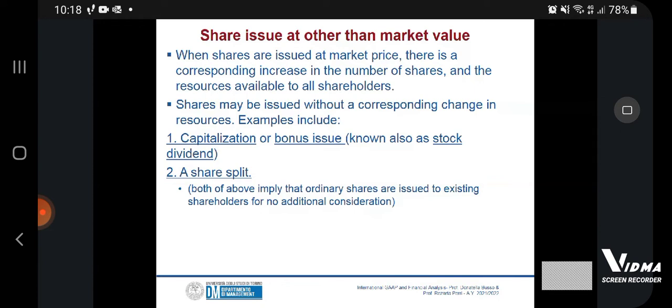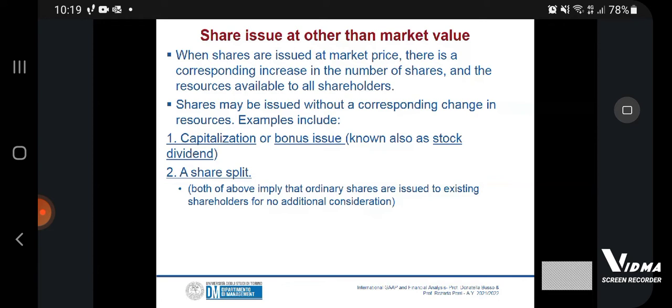So one pre-existing share will be equal to two new shares. Nothing changes in the cash position of the company or the shareholders. Only the number of total outstanding shares will be increased.